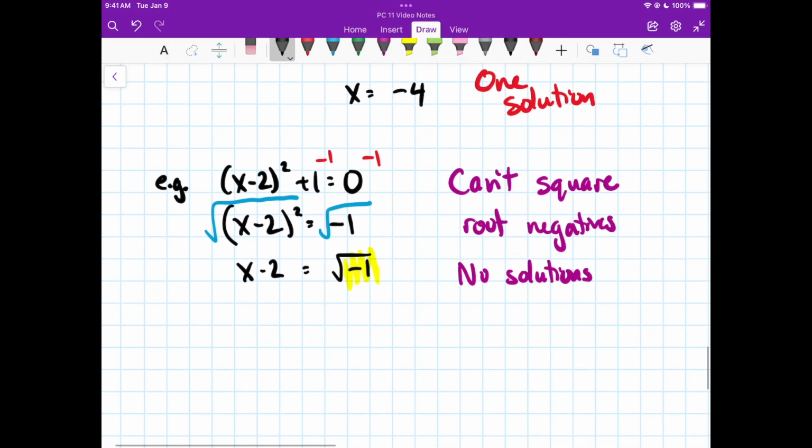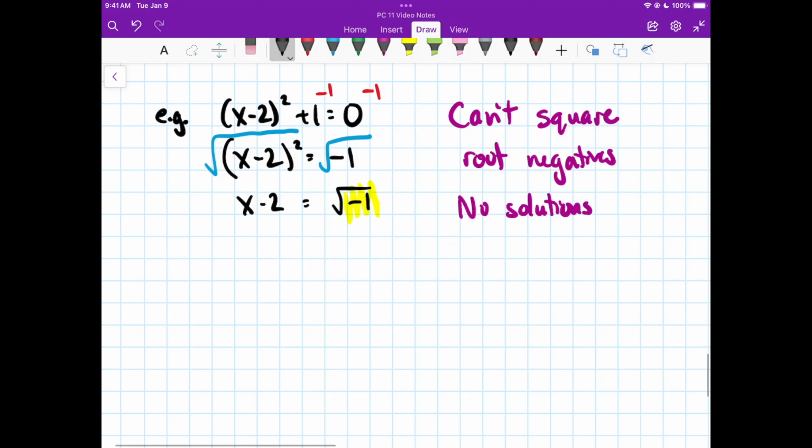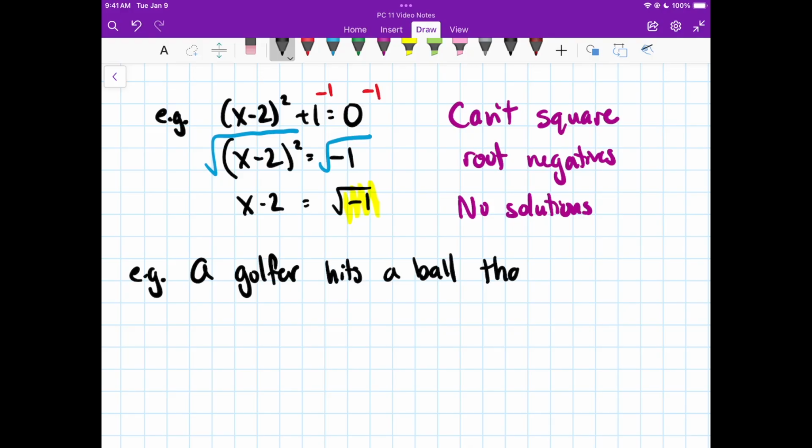All right, let's wrap this up by looking at maybe some sort of application question. So we've got a golfer, and that golfer is going to hit a ball that's going to follow a specific quadratic path.